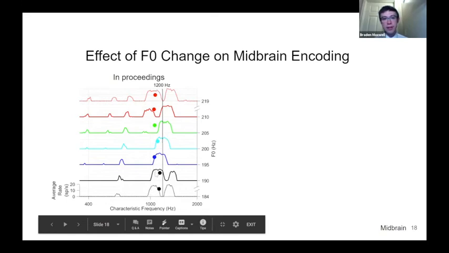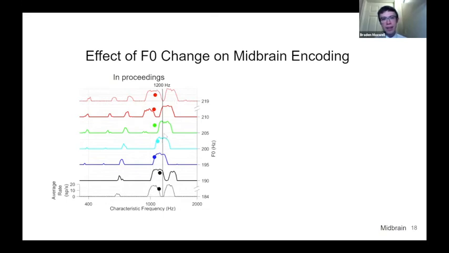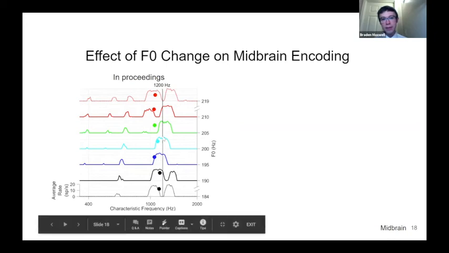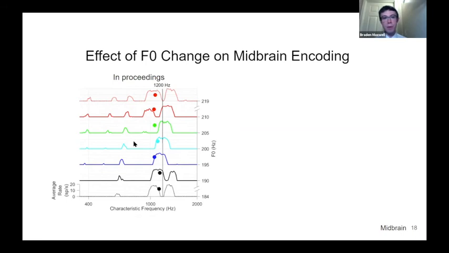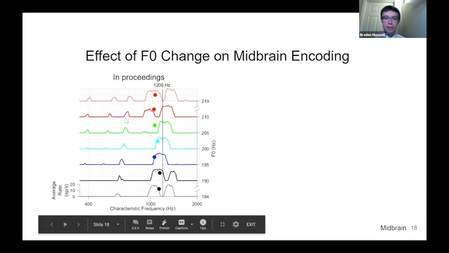this code does shift as the fundamental frequency changes. So you can see there's this movement in this primary peak from left to right as we increase the fundamental frequency. However, the actual centroid estimation is more complicated because representation of other harmonics changes over time.